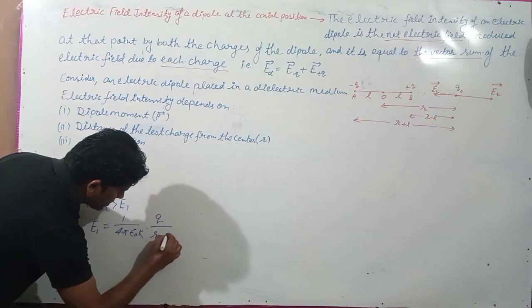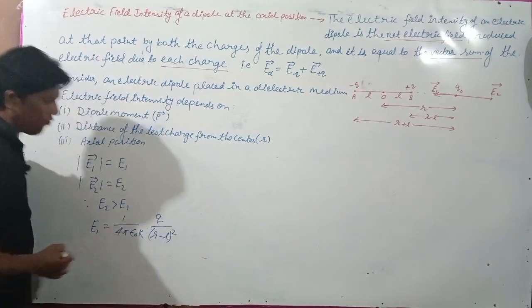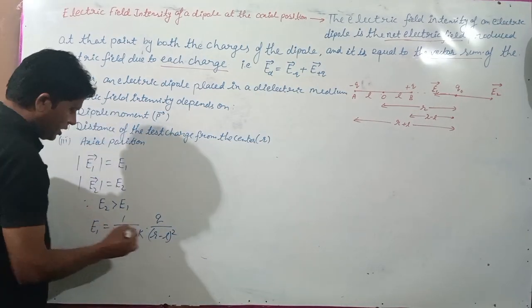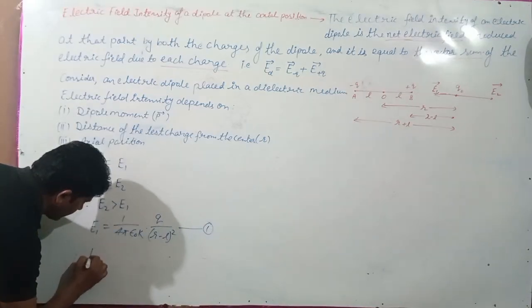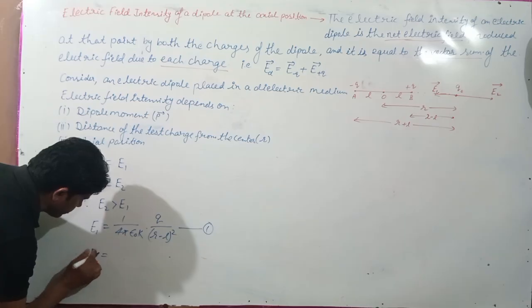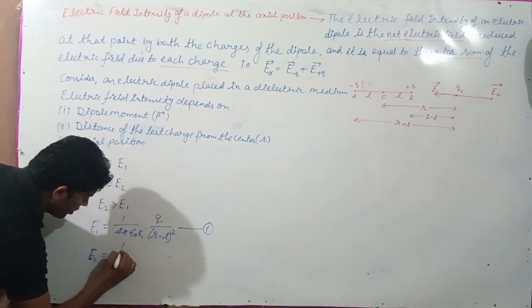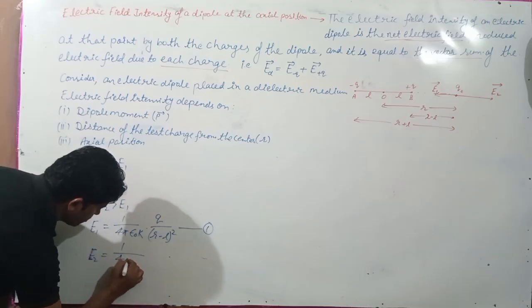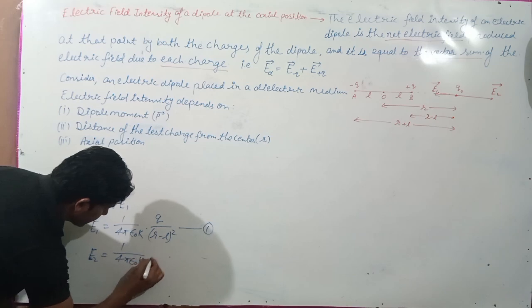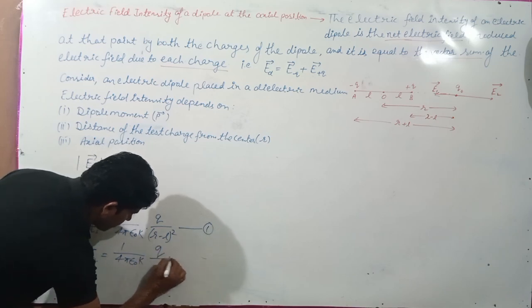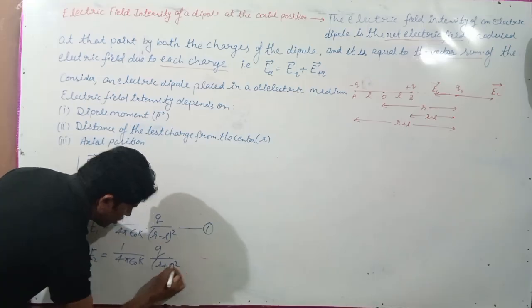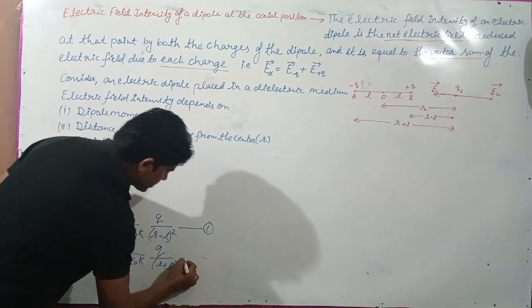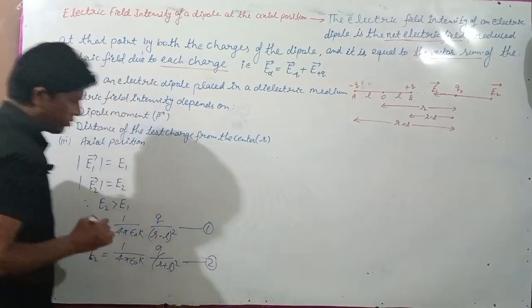So E1 is equal to 1 upon 4 pi epsilon naught K Q upon (R minus L) whole square, and this can be given number 1. Similarly E2 is equal to 1 upon 4 pi epsilon naught K Q upon (R plus L) whole square, and this is number 2.